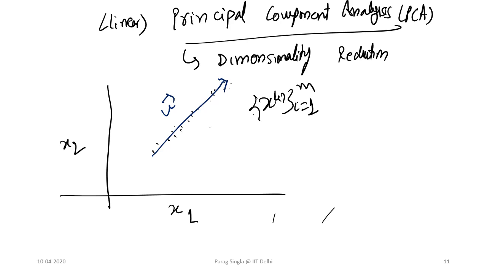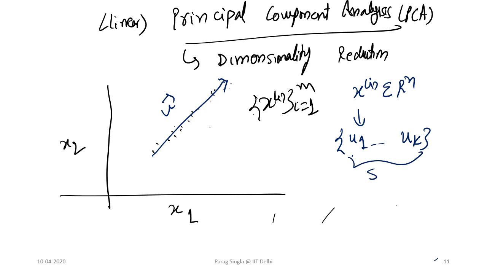And we would really like to understand first if there is a smaller subspace of the original space where this data could be projected. This is a simple example with just two dimensions and projecting into one dimension, but in general, your xi could belong to some large n-dimensional space, and you would like to project each xi onto some u1 to uK, smaller vectors which span a smaller subspace.